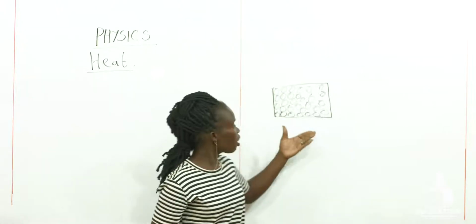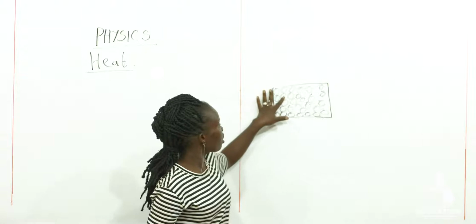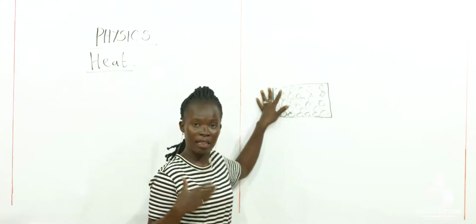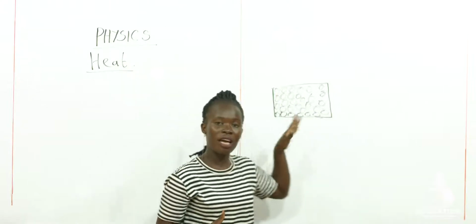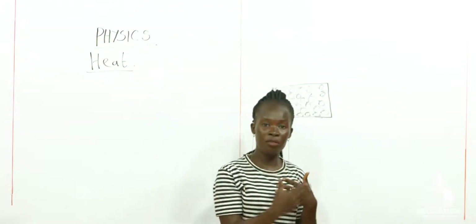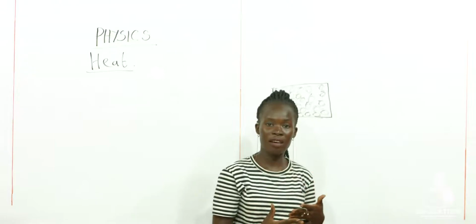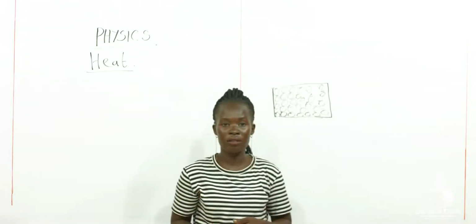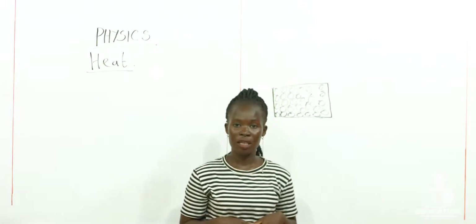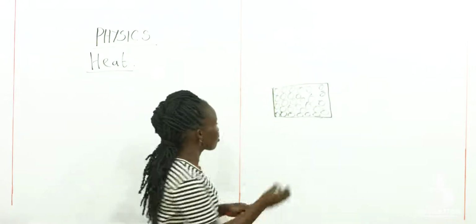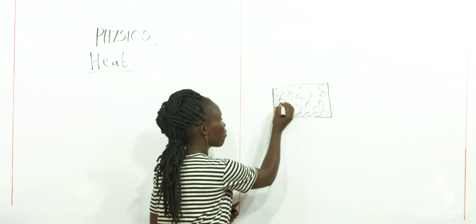When one molecule has got some heat, that is energy that is greater than the one surrounding it, it is going to move, in the case of gases or liquids. But in the solids, they just vibrate. These electrons here will keep on vibrating.